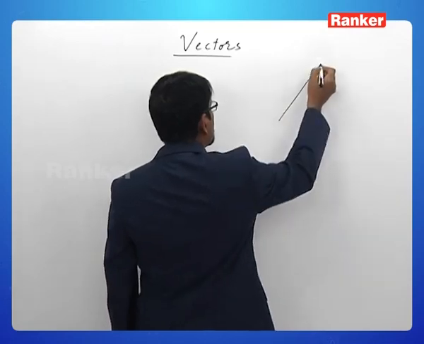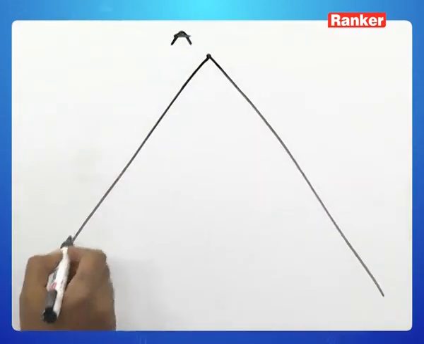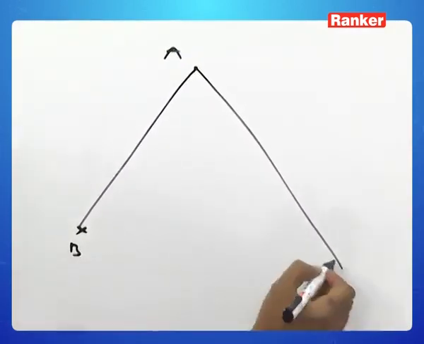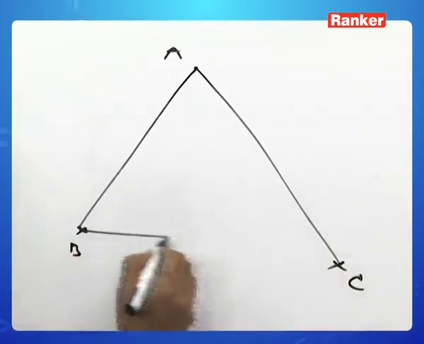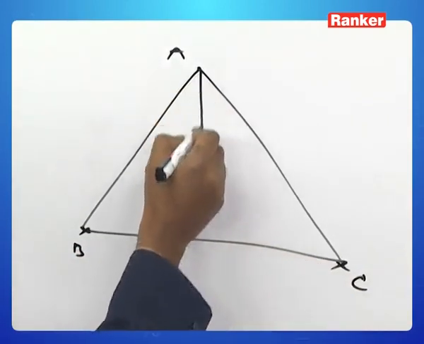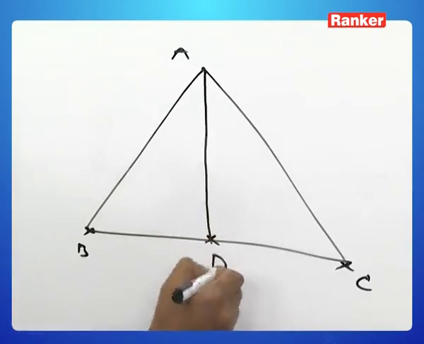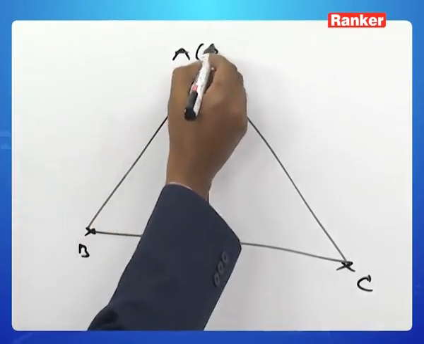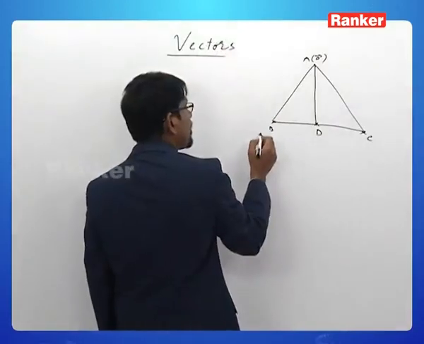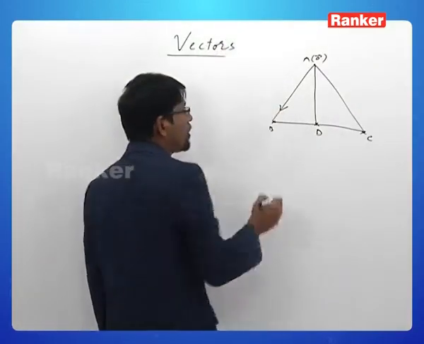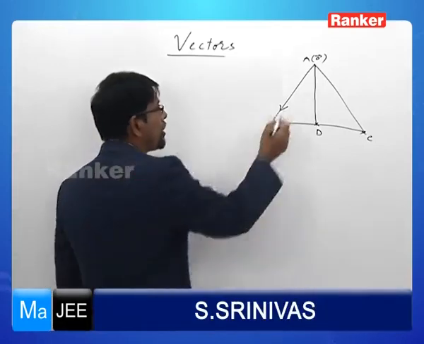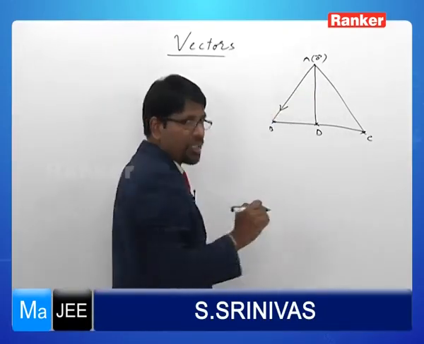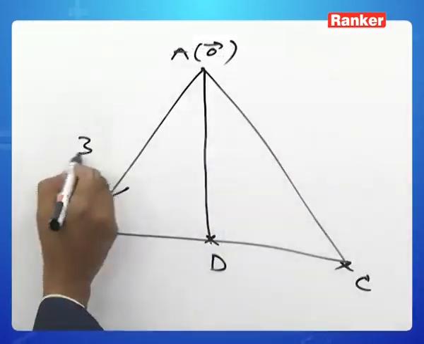We have a triangle ABC. AD is the median through A. If I assume A to be the origin, then the position vector of B will be the same as the vector AB. What is the vector AB given to be? 3i plus 4k.